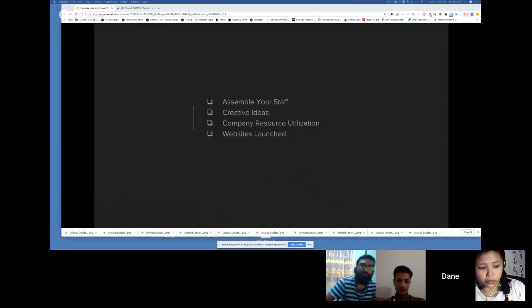Do you see the third one there? Company resource utilization. Staff is a resource. So is email. So is telephone. But staff is also a resource, right? Yes, right. So don't worry about it, okay? I will get the person at whatever rate.